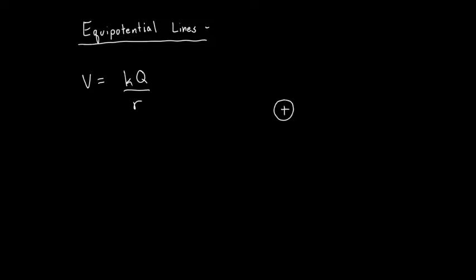Here's my positive charge. I can write down the field lines. The field lines for this all point away from this charge. Remember, electric field goes away from a positive charge and towards a negative charge. So I'm just drawing a few lines pointing, we use the phrase radially outwards from this single charge.